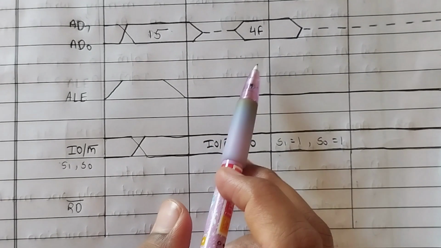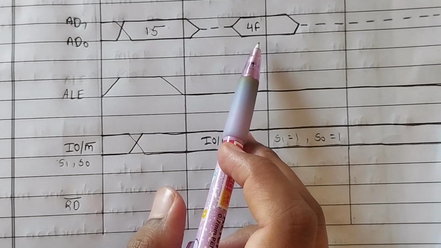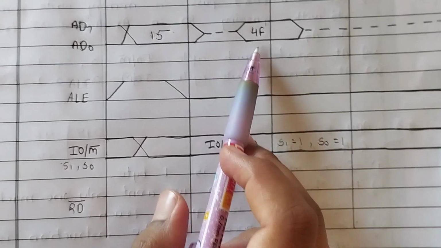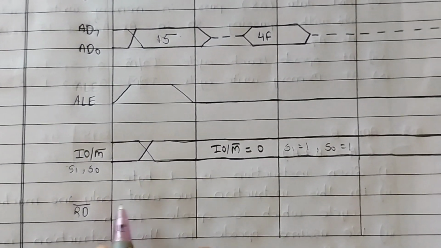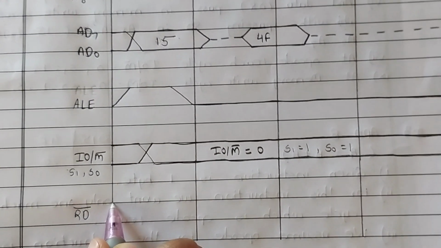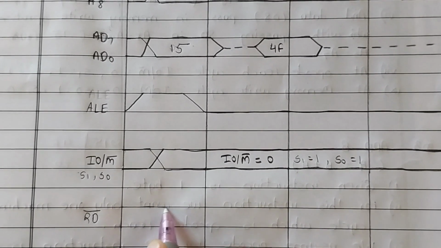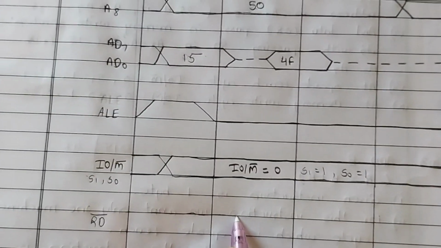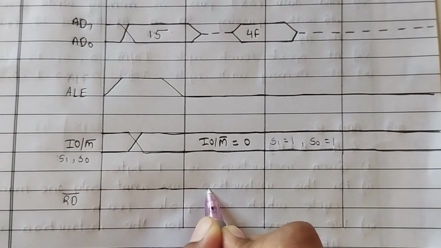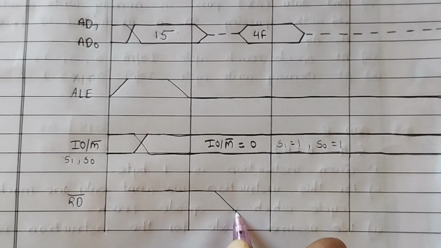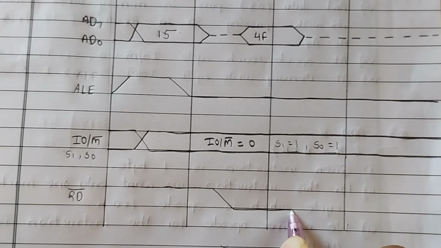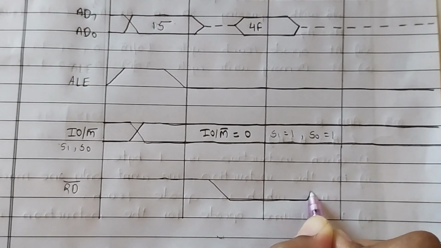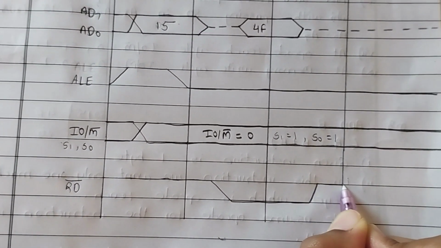So when our opcode goes to the data bus, at that time we read this opcode. For that, first our read bar is high, and when the opcode is read, our read bar goes low, and again goes high.